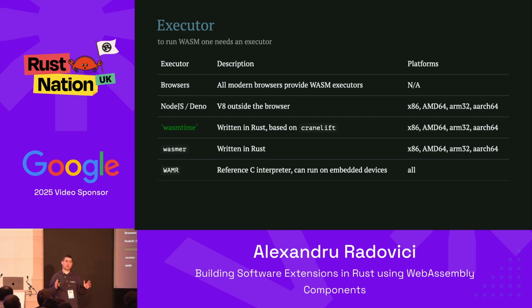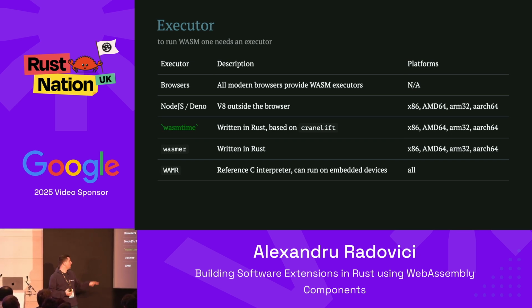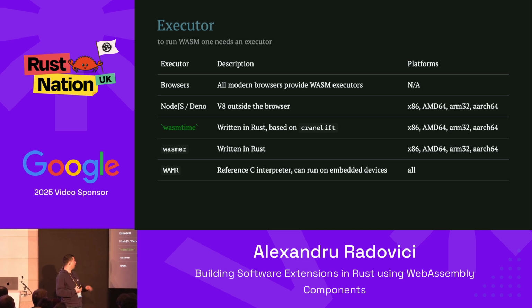And Wasmtime is shipped either as a command line application, so wasmtime your module and it runs, or as a Rust crate. You can build your own software, include the Wasmtime crate, instantiate modules, and run them. So this is super, super nice. Another one is Wasmer, same as Wasmtime. And we have WAMR. This is a reference implementation of an executor for WebAssembly.